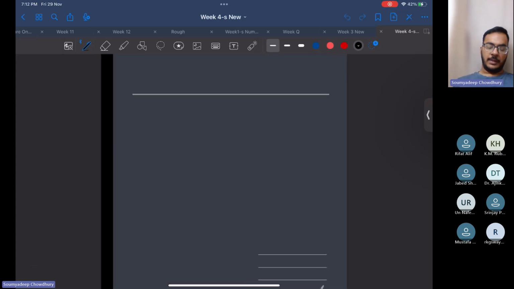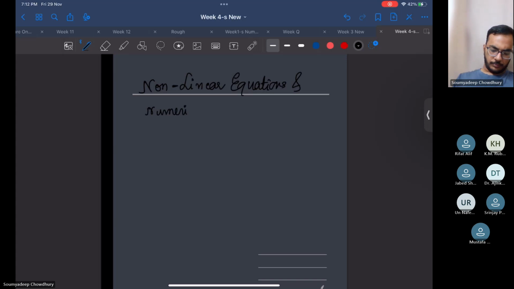So till now we were seeing the different iterative techniques and different techniques to solve linear equations, right? So now we will be seeing how to solve non-linear equations using different numerical approaches. Non-linear equations and numerical techniques to solve them, right?